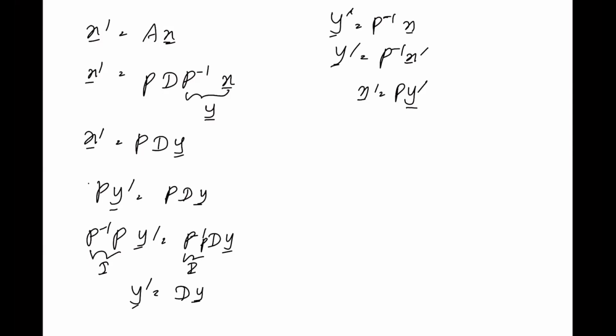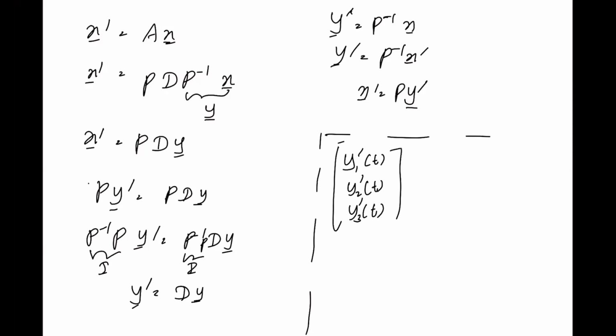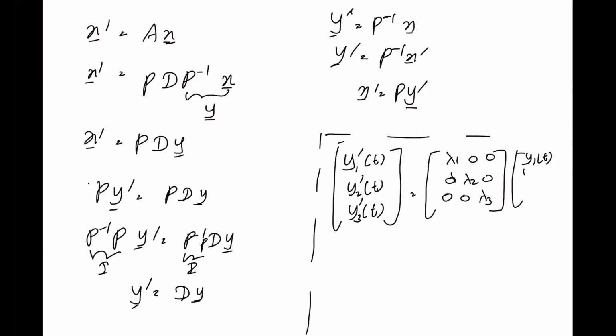Okay. So using this equation, it is something like this: Y1 bar T, Y2 bar T, Y3 bar T. You have the diagonal matrix lambda 1, 0, 0, 0, lambda 2, 0, 0, 0, lambda 3, and Y1T, Y2T, Y3T.